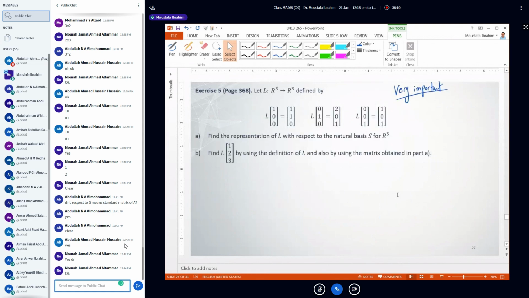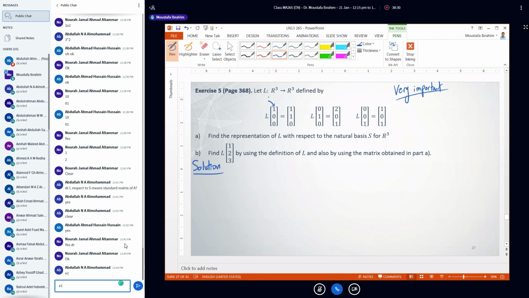Okay. Look guys. We have L from R3 to R3 defined by L of (1,0,0). What does 100 mean, guys? This is the input, but what is this vector? Very good, it's E1.